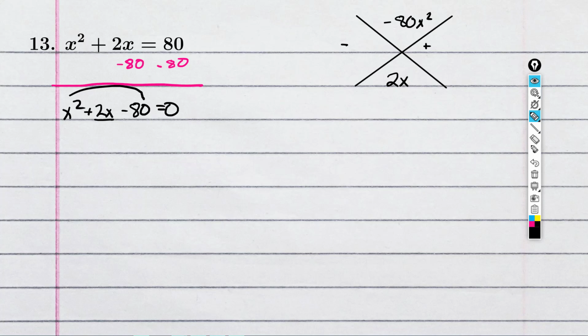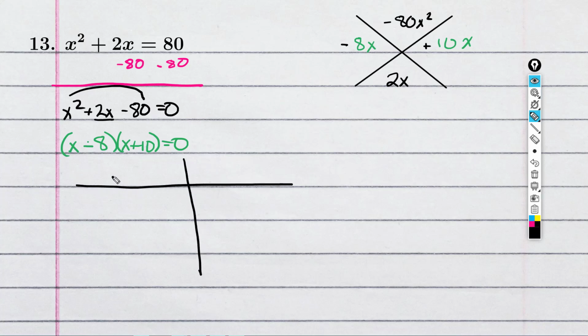And so with that, we have to look to see what two things can multiply together to give me a negative 80 and add to give me 2. So the first factors I come up with when I think about that are negative 8x and a positive 10x. So when I write my factors, x minus 8 and x plus 10 are my two factors I come up with. So now let's make our chart.